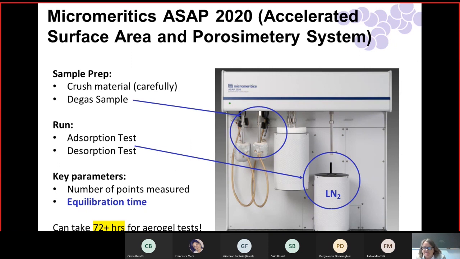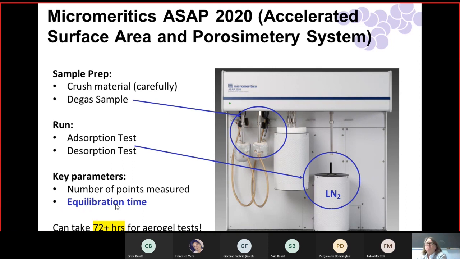The way the system works is it doses, it adds some gaseous nitrogen, and then it waits for the system to equilibrate, as in it's adsorbing onto the material. What you actually set is the partial pressure you want, and it keeps adding a quantity of gas until you get to that pressure. But you have to wait. You have to have enough time at each point to make sure that it's equilibrated.